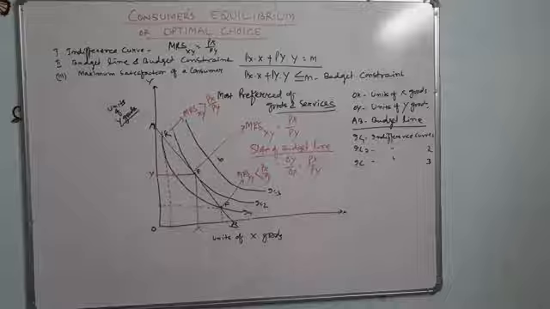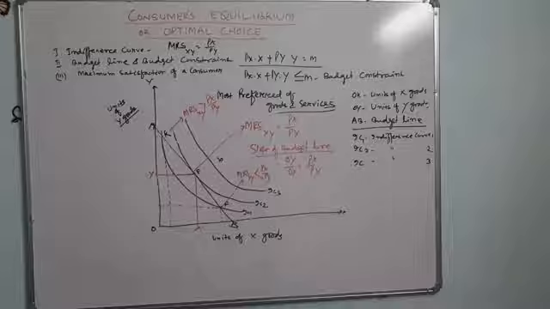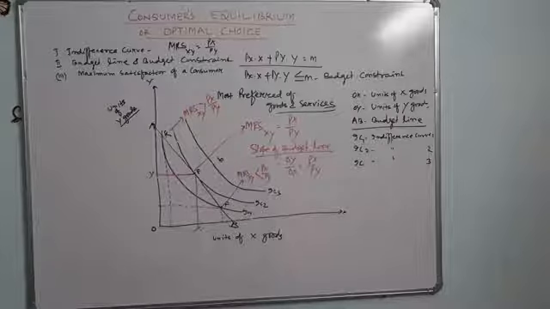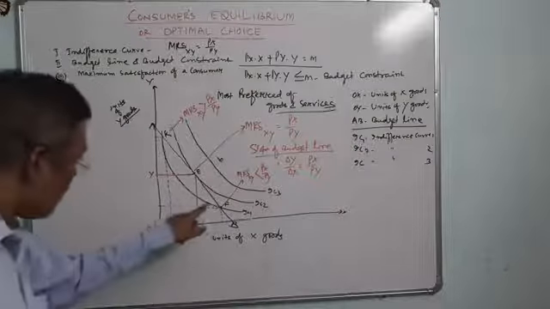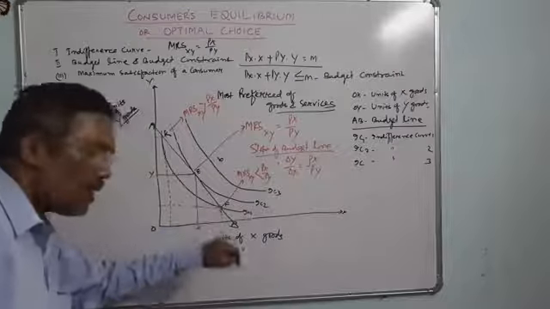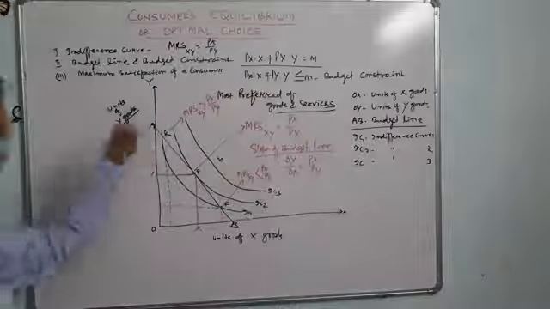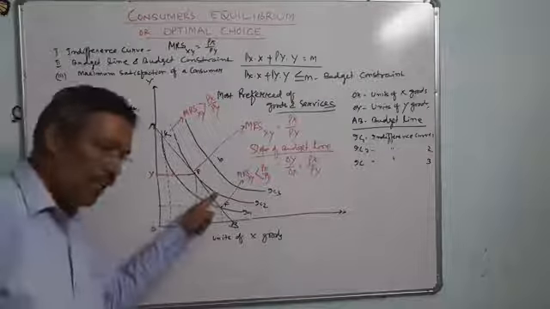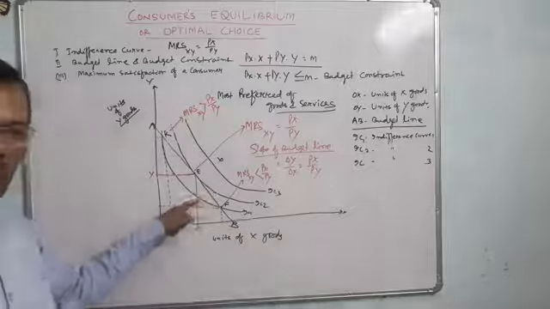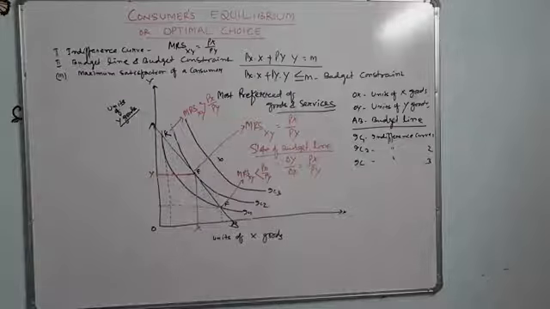It is the point of consumer's equilibrium, because if the consumer moves away from point E to any other point on the budget line, such as F, that lies on a lower indifference curve, which gives less satisfaction. As per the property, a higher indifference curve gives higher satisfaction and a lower indifference curve gives lower satisfaction.